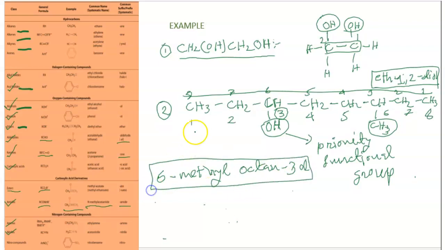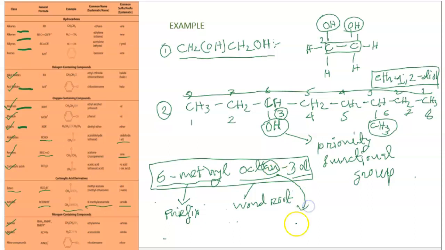So friends, this is the second example, 6 methyl octan 3 ol. Here 6 methyl is the prefix, and octane is my word root, and oct is my word root, and n is my primary suffix.